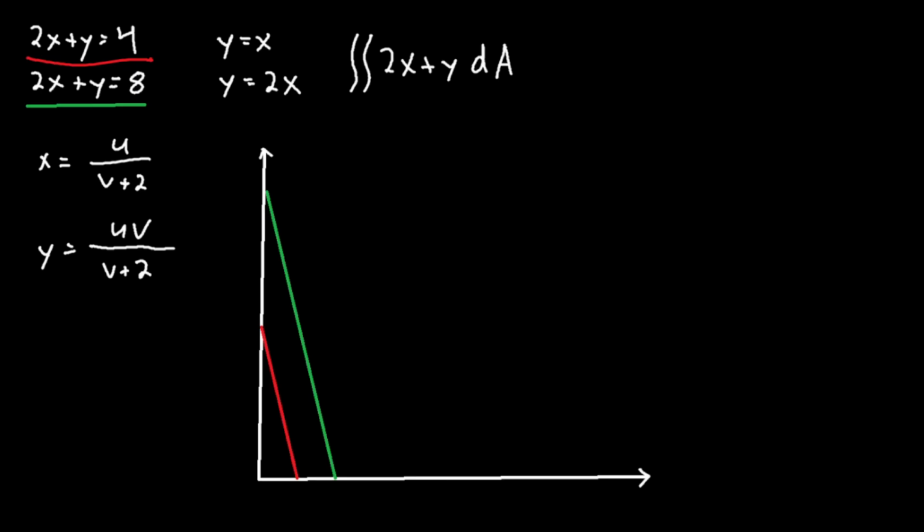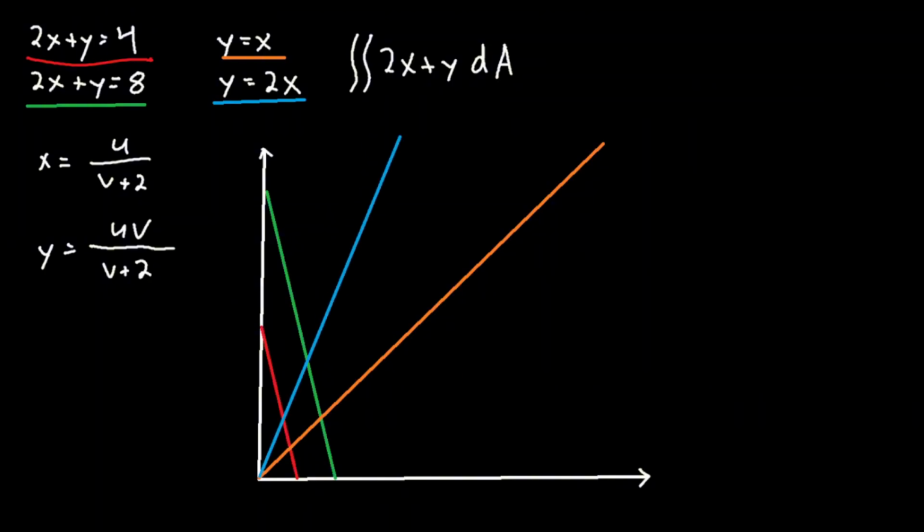And for y is equal to x, just the traditional slope line of 1. And lastly, let's pick blue, so a line with slope 2, maybe something that looks like this. And our area of integration is this region. Let's shade it in. How could you possibly integrate this?